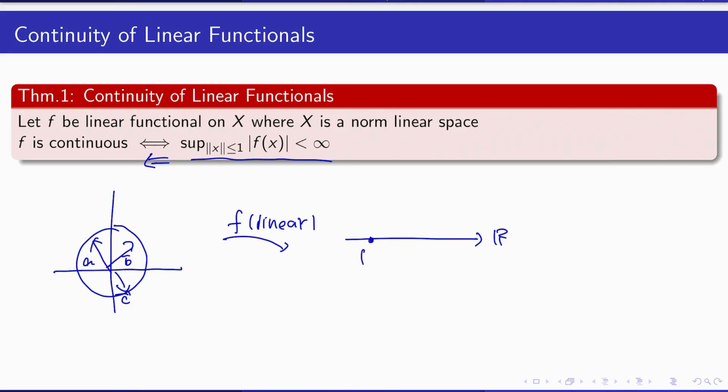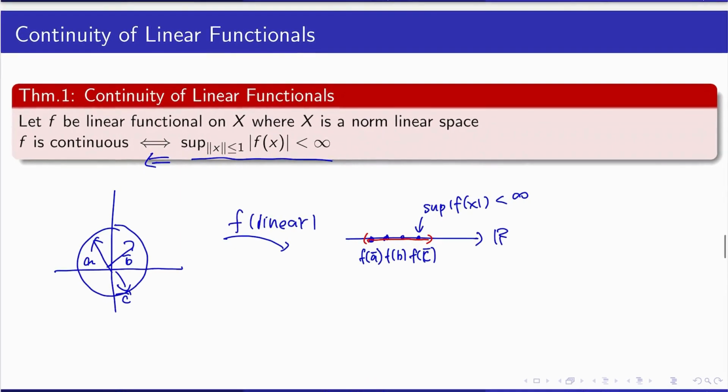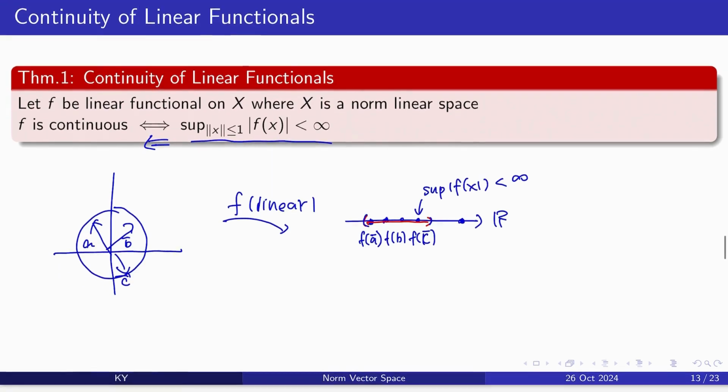Let's draw each one of our outputs, and we're talking about its least upper bound. This guy right here is less than infinity, which means all these outputs are finite, in the sense that each one of the outputs f(A), f(B), f(C) is close to each other and not far away. There's no value that is far away from these.